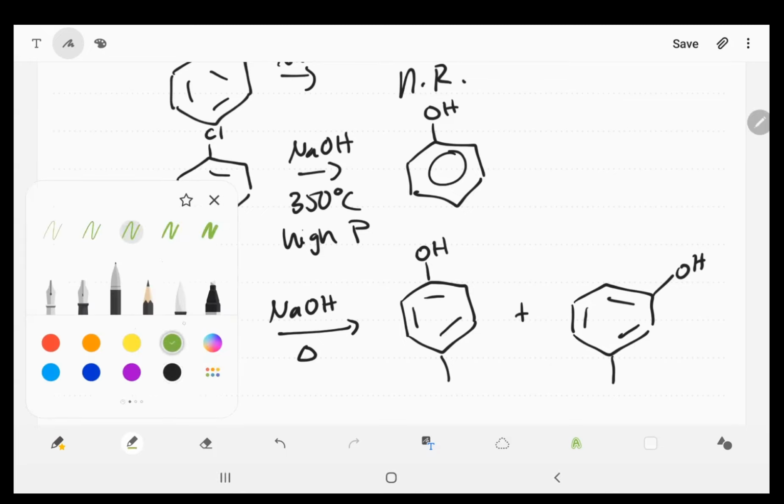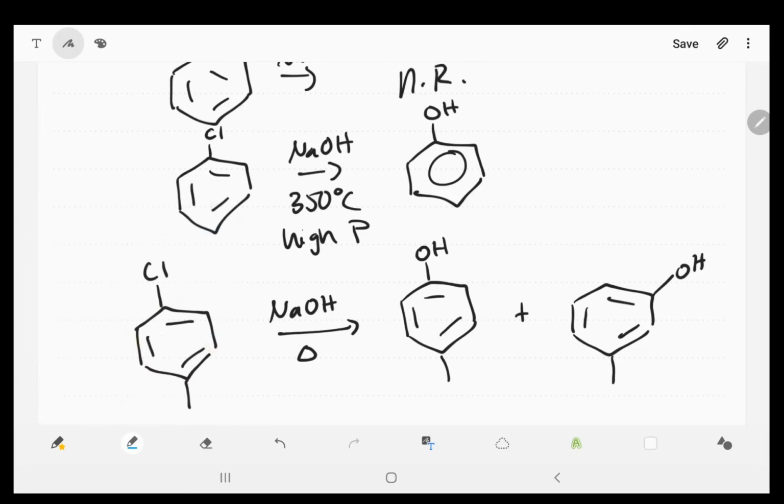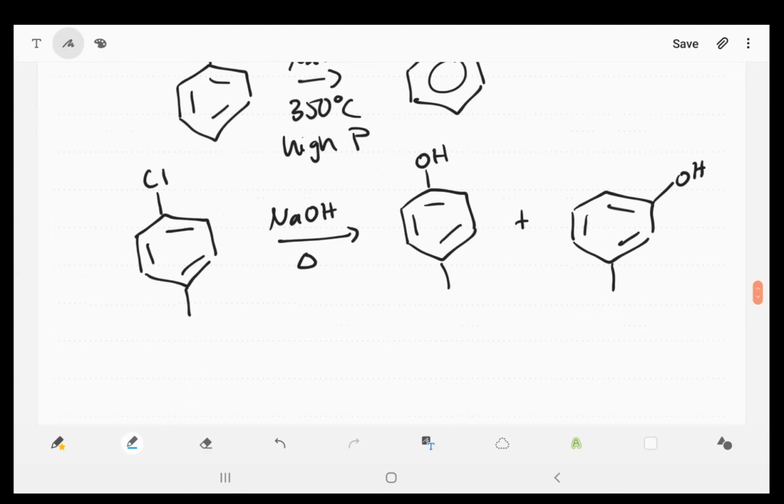So the methyl group there is not actually participating in the reaction. It's there just to illustrate that we don't necessarily replace the chlorine directly. And that's going to give us some insight into this mechanism, because we're going to look at the mechanism as to why this happens.